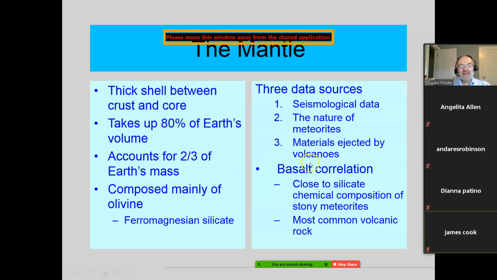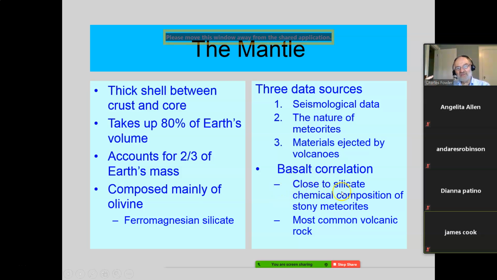Okay, now there's also a basalt correlation, and this goes back to these meteorites. The basalt correlation of the oceanic crust and some of the top part of the mantle, those are your basalts there.